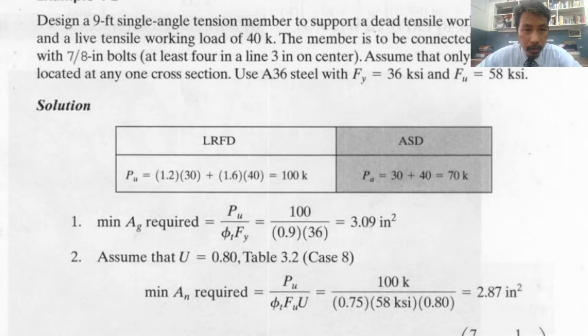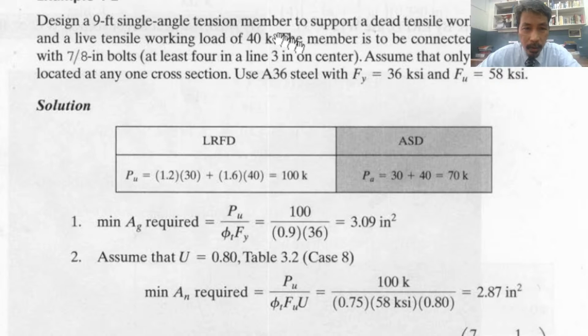So number 2, we are going to design a 9-foot single angle tension member. Since it is now a design process rather than an analytical solution, what are we given? We are given 9 feet, the length of the member.